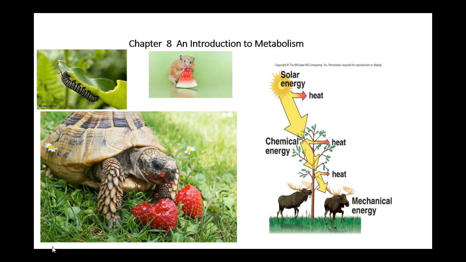That stored form of energy that the moose ate then is going to turn into an energy form the moose can use to then turn into mechanical energy. So all of this is the total of what an organism is capable of in terms of chemical reactions. And please understand that many times, particularly with heterotrophs, that needs to come from outside.